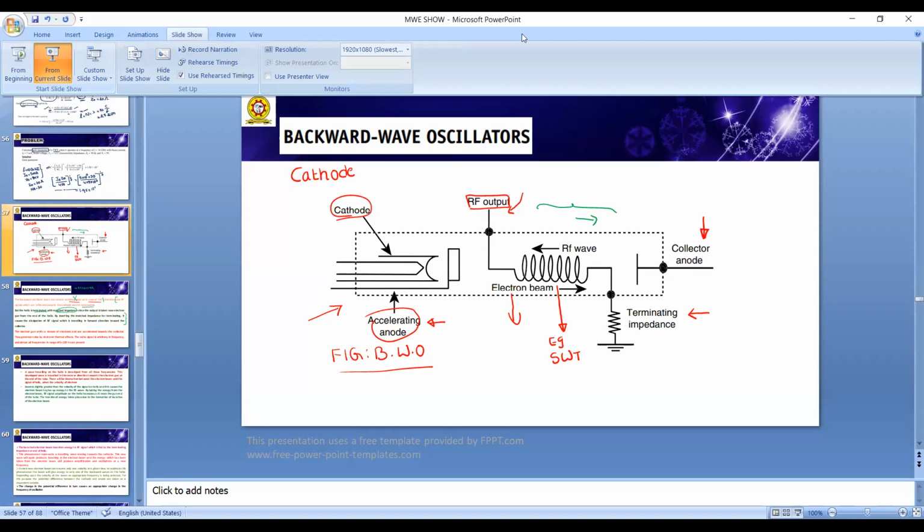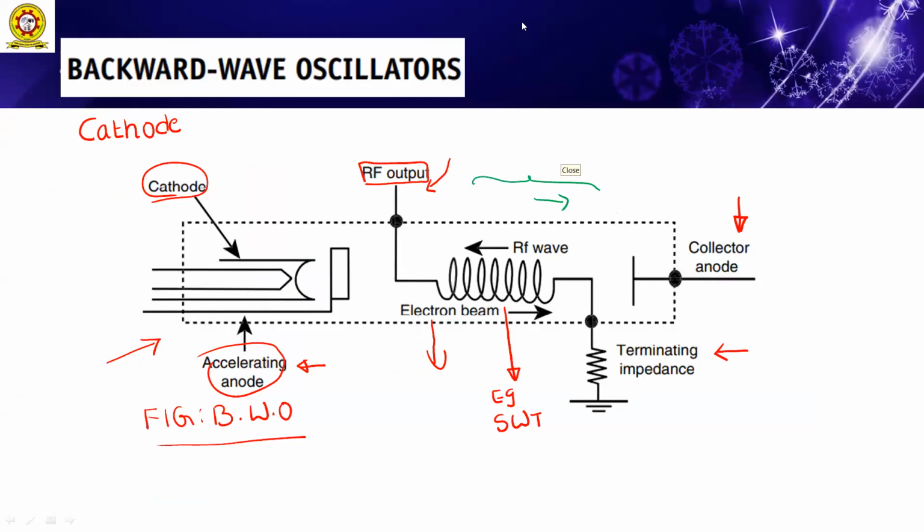So on screen, you are watching the backward wave oscillator block diagram, the constructional structural diagram. This is a continuation of the traveling wave tube. From the construction point of view, a small amount of change is required in this backward wave oscillator.